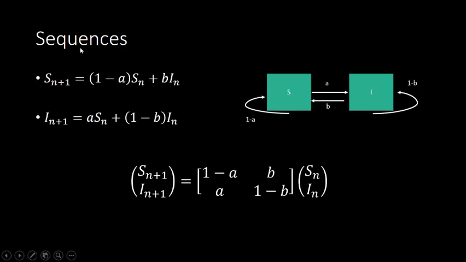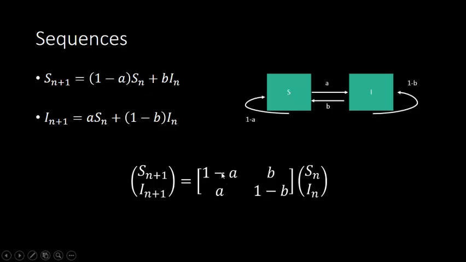We could represent this using sequences. S sub 0 and I sub 0 would represent your initial population in both of those groups. S sub 1 would depend on that previous day, for n equals the number of days. I could represent these two sequences using a matrix equation.